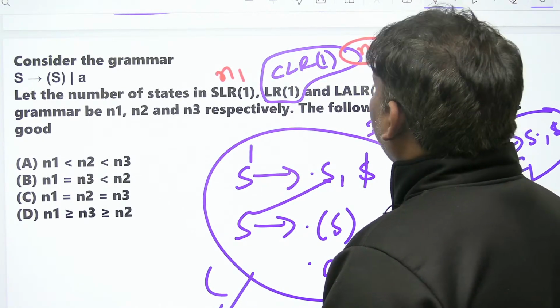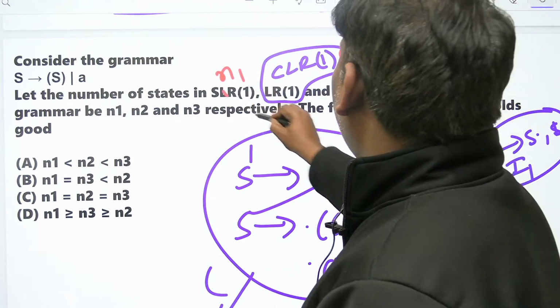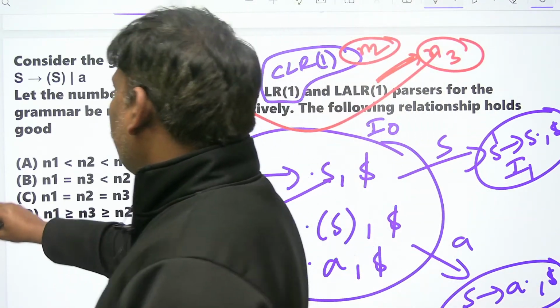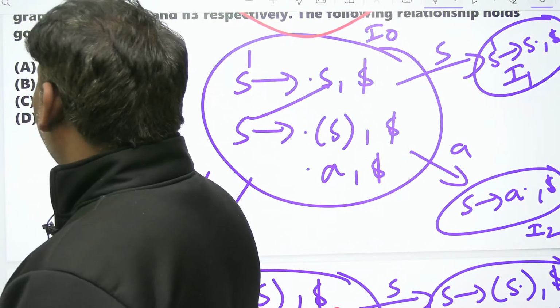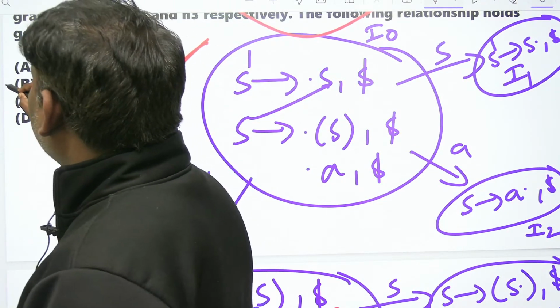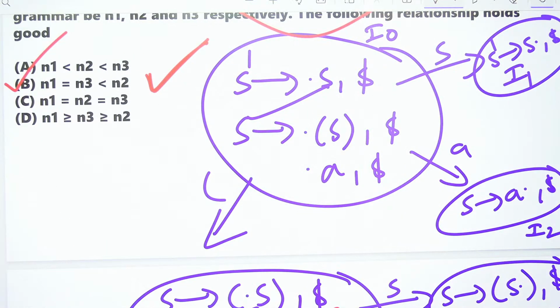So comparing N3 and N2, N2 will be more. But you know very well, SLR1 and LALR1 always contain the same number of states. Because of that, N1 is equal to N3, which is less than N2. This is the answer. B is the answer: N1 is equal to N3, which is less than N2.